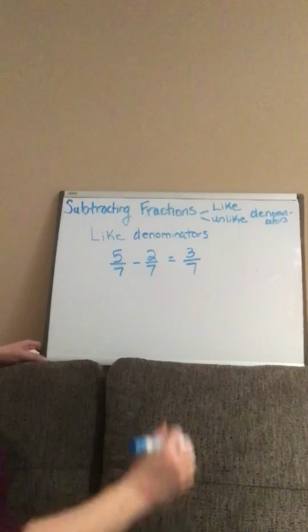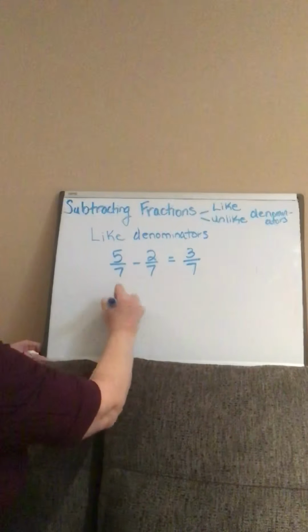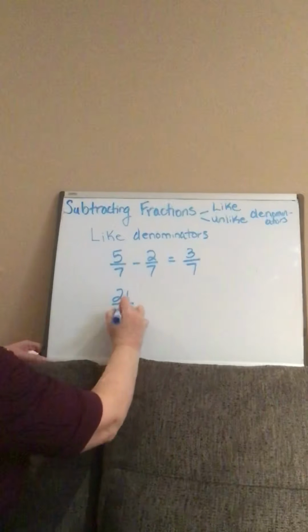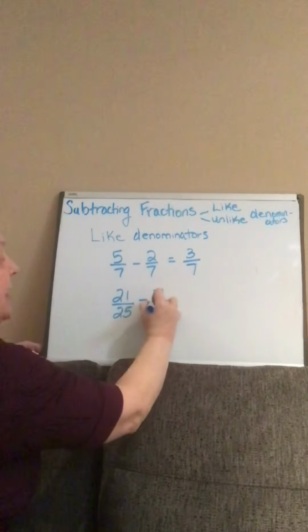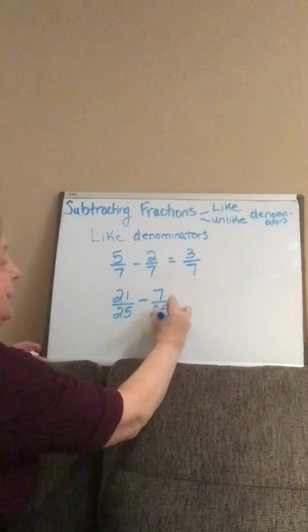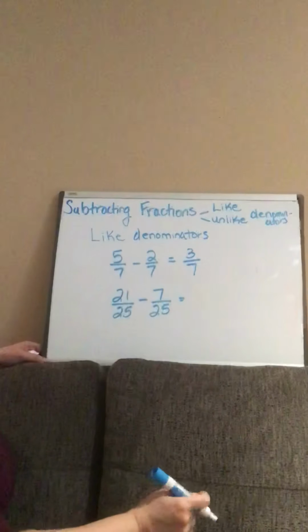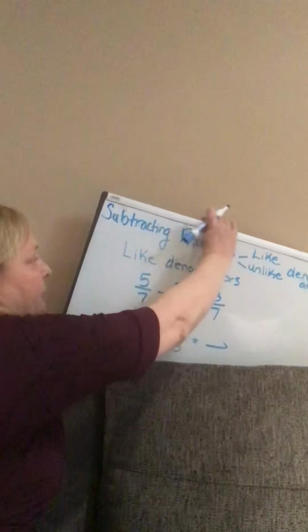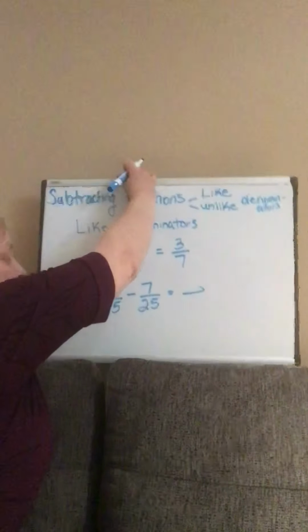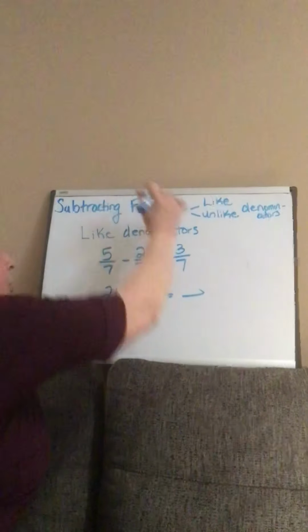Question finished. If I have 21 over 25, and I'm going to subtract 7 over 25, are my denominators the same? Yes, they are. Write it down. I need a bigger whiteboard.